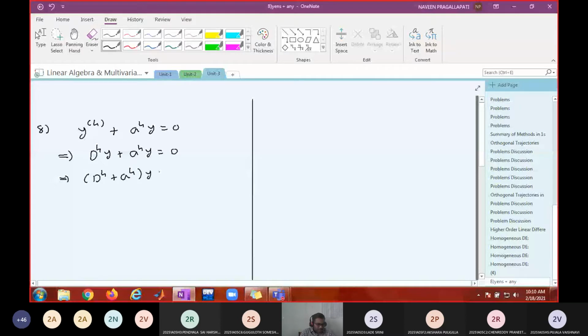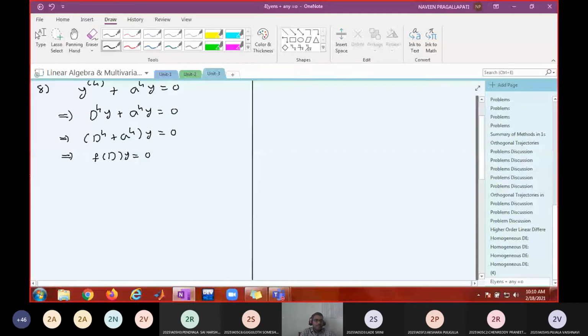Can you tell me how to solve this? How many roots should you get? 4 roots. Can you tell me how to find out those roots?